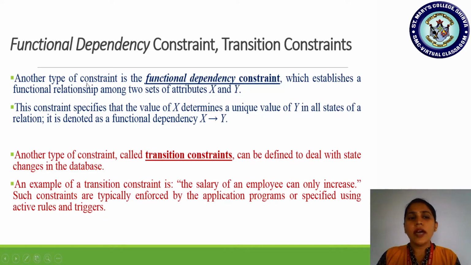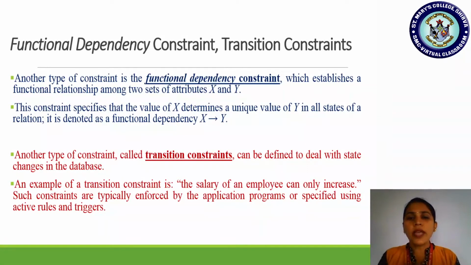So the other type of constraint is named the functional dependency constraint, which establishes a functional relationship among two sets of attributes x and y. Just now, in the earlier constraints, we observed constraints between relations, right? So this is the type of constraint among the attributes. In a student relation, we have a number of attributes: student roll number, class, student name, date of birth, age, like this.